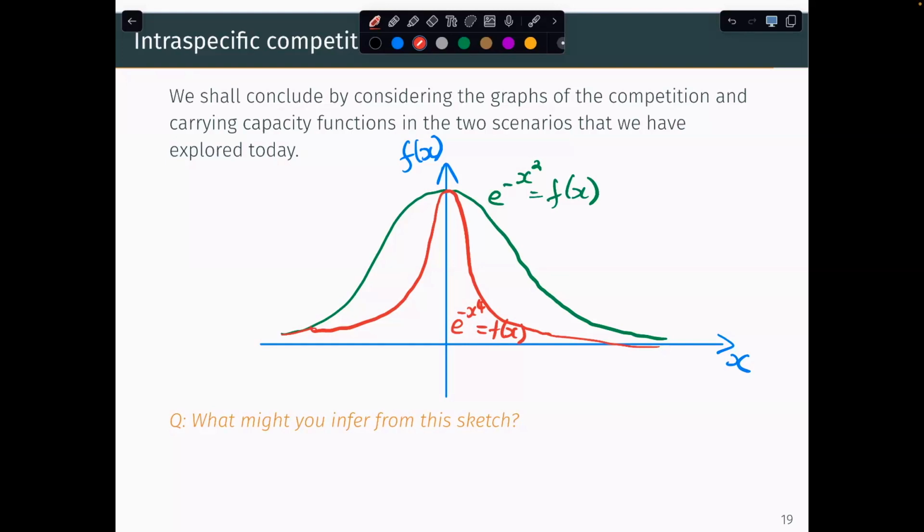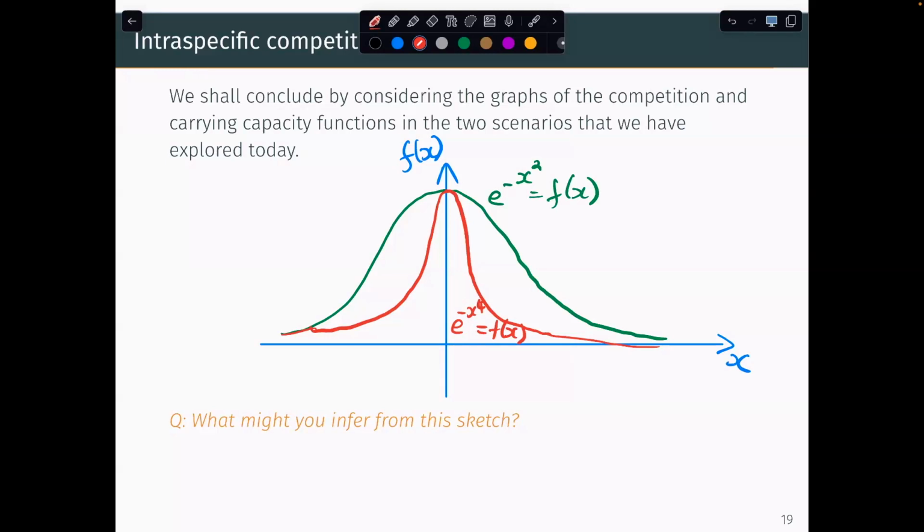So if you think of these as our two competition functions of these two scenarios, this is basically saying when the competition function is wider, so phenotypes that are moderately similar still have an effect on each other, then we don't end up with evolutionary stability.